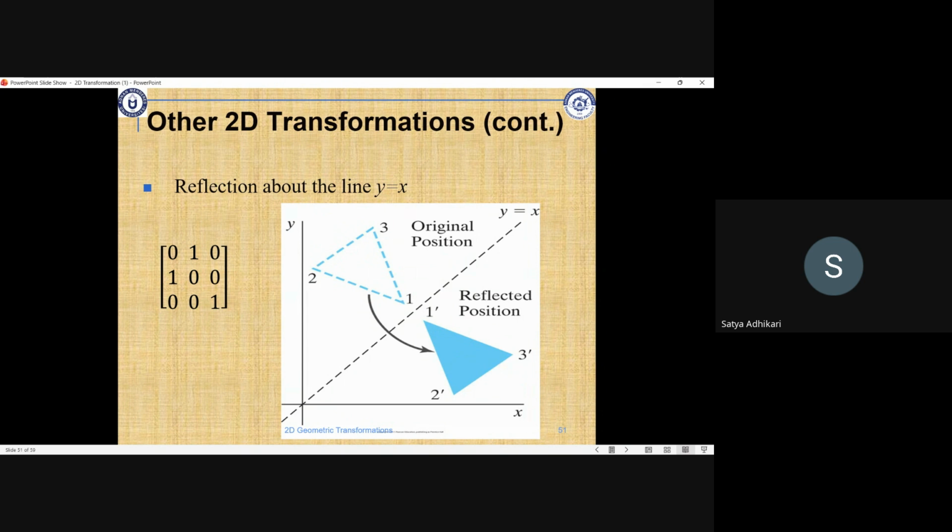And this is the reflection position, and you see the matrix 0, 1, 0, 1, 0, 0, 0, 0, 1. So it forms in the same quadrant. That is why there is no minus sign in the matrix. So if you keep an image there, you will get the same image in the same quadrant.